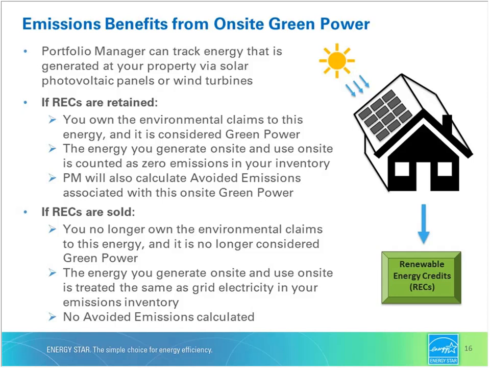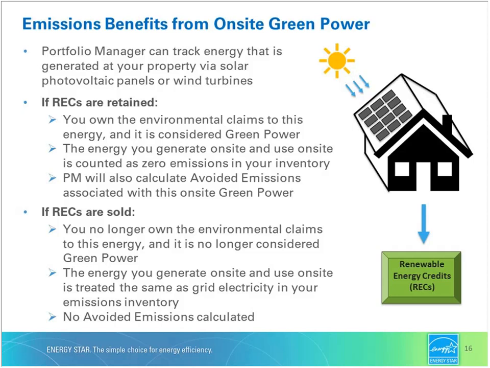How it affects your greenhouse gas metrics in Portfolio Manager really depends on whether you use the power on-site or export it back to the grid, and whether you retain the renewable energy certificates, or RECs, or whether you sell them.